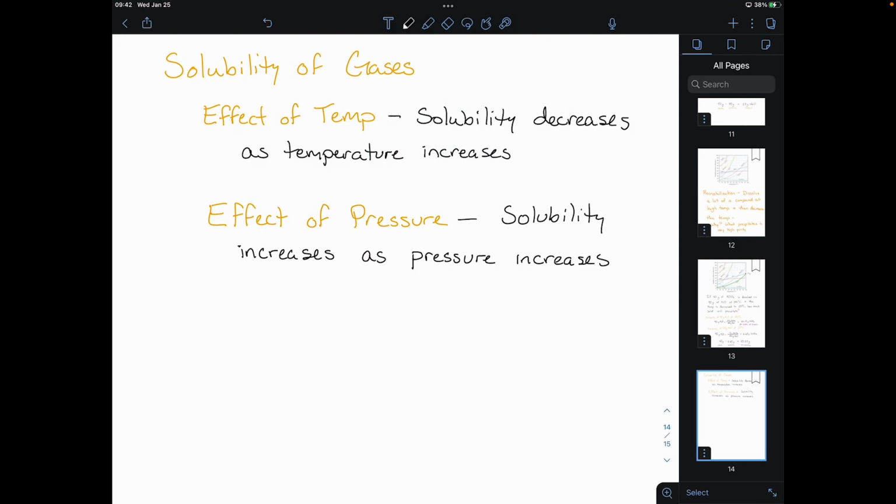Okay. And there's a special sort of law that governs the solubility of gases. This dude, Henry, came along and established this very simple link between the pressure of a gas and its solubility. It turns out that the solubility of a gas is directly proportional to the pressure of that gas times some constant.